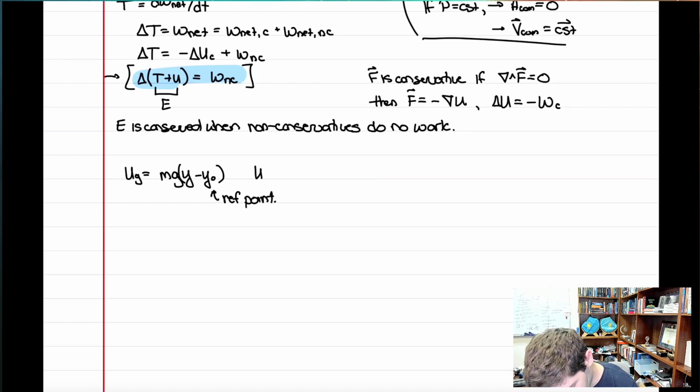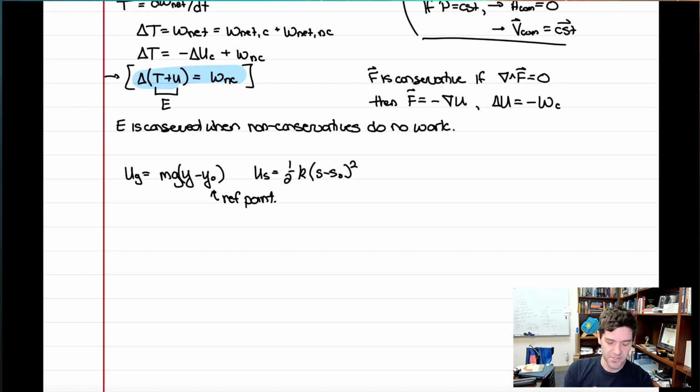We had things like a spring, which is 1/2 k. Then I might write it as (s minus s naught) all squared, where the s is just the overall displacement, right? You could put an axis along the direction of the spring, like put the spring along the x-axis, then it becomes x minus x naught. But it's just whatever kind of amount of stretch is going on.